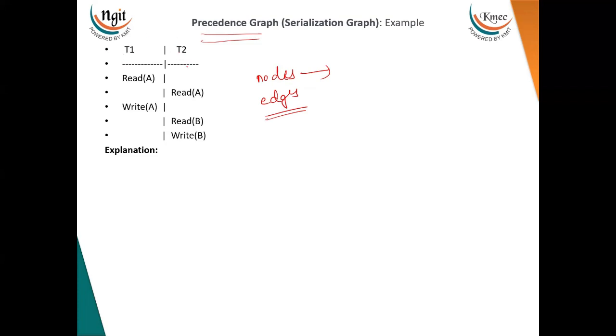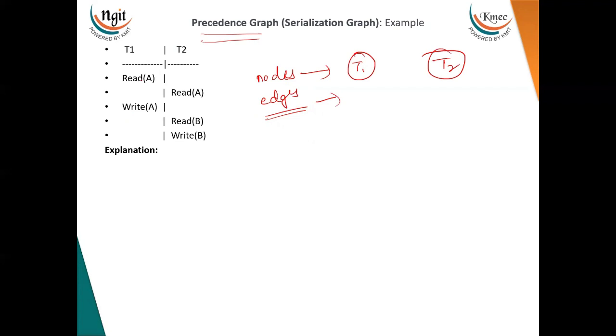In the given example, we have only two transactions. So these two transactions are represented with a circle symbol. Clear? And next, coming to edges. Edges define the direction in which the operations are executed by the transactions.